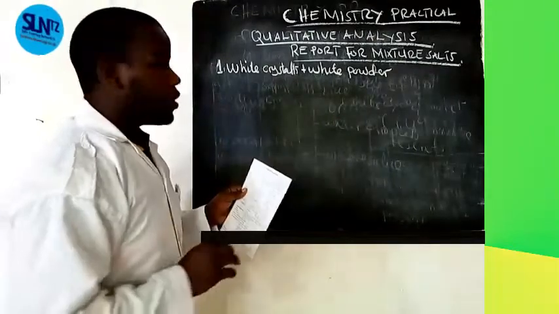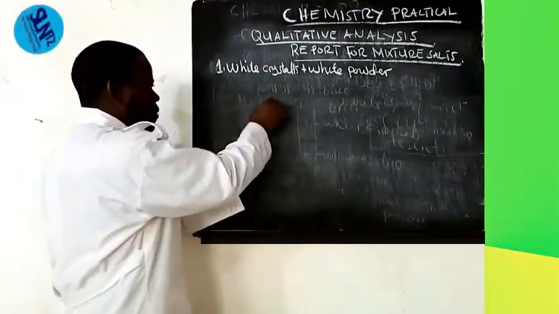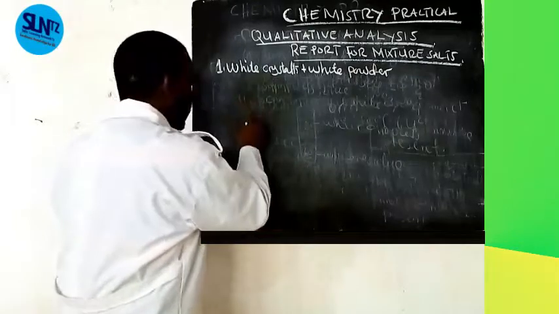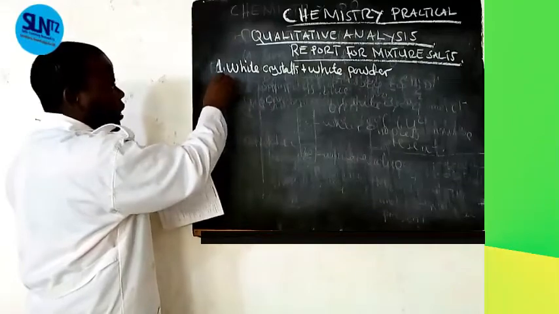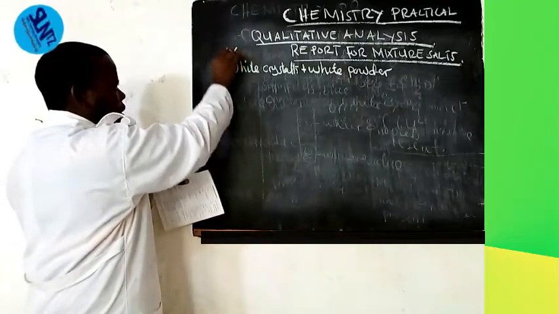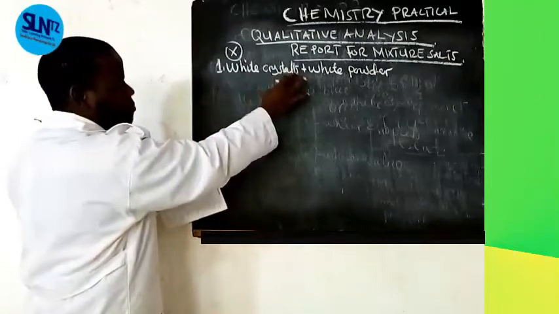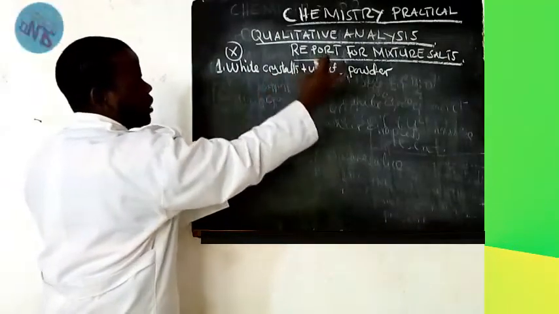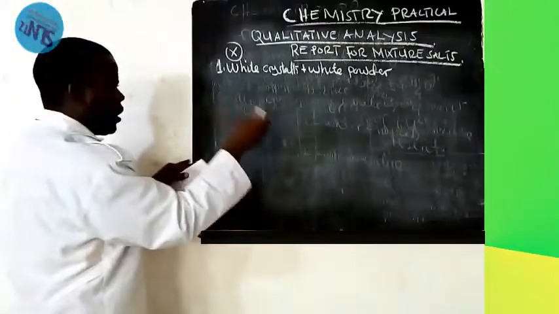In the case of observations, you have to write in this way. Let's say this is sample X. On the watch glass, you have been provided white crystals, and you see the sample is also white powder. You have to write that.